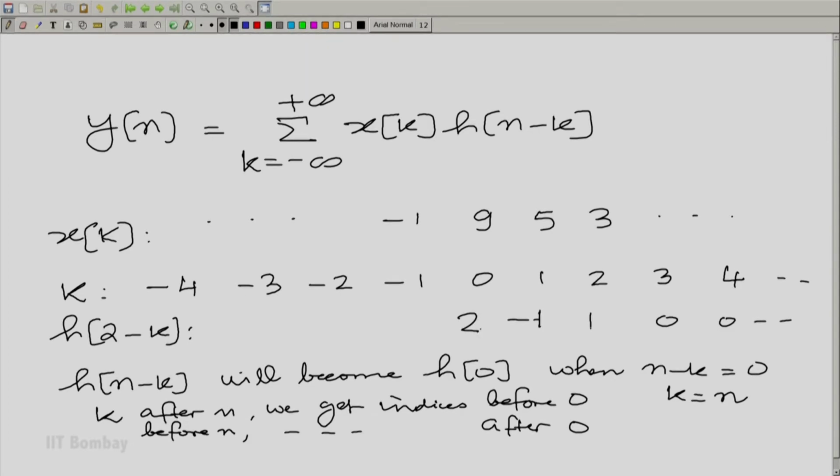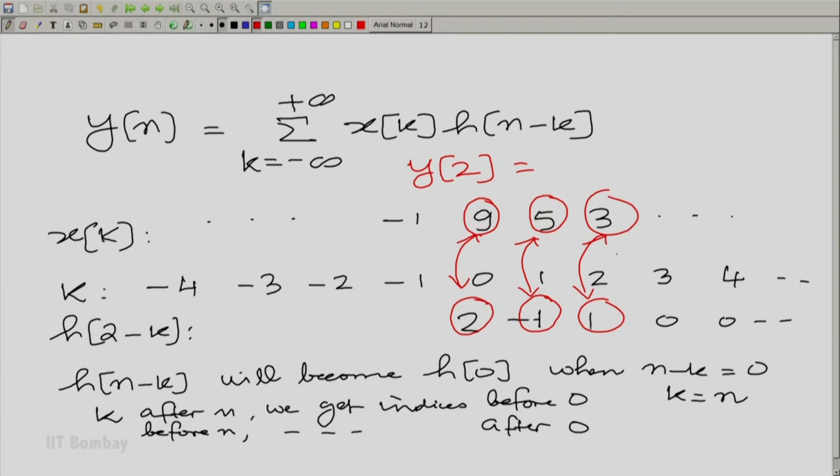This is how it is. And now we can calculate y of 2 based on this. We essentially need to look at the products of corresponding points. This point with this point. Similarly, this with this and this with this. That is 9 into 2, 18 plus 5 into -1, -5 plus 3 into 1, that is 3. So, 13 plus 3, which is 16.